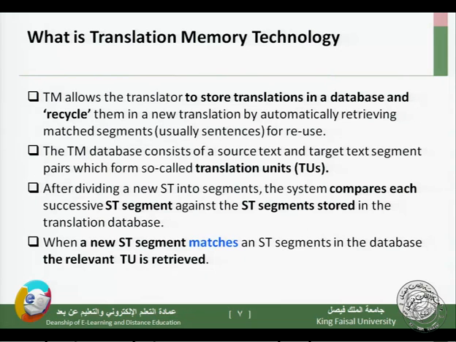Now when you have a new source text segment, meaning a sentence, one unit, normally a sentence, you put it in the translation memory program, and if this sentence matches with the ST segment stored in the database, then what happens?